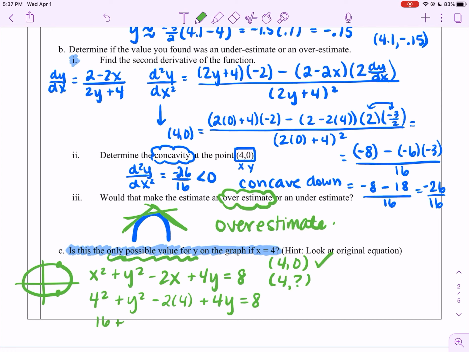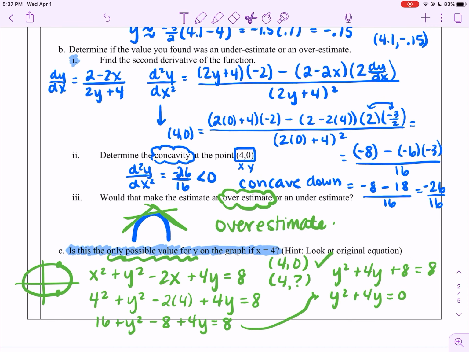We have 16 plus y squared minus 8 plus 4y equals 8. That would mean we have y squared plus 4y equals 0, which if we continue solving and factor out a y, y times y plus 4 equals 0, you will get y equals 0, but also y is equal to negative 4.